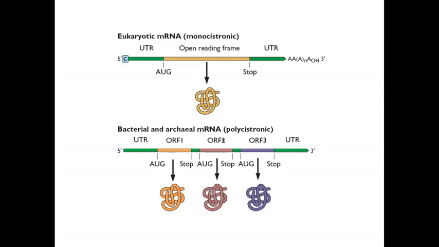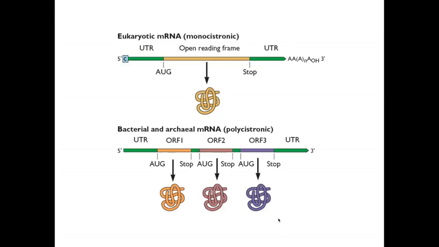And that's in contrast to bacterial and archaeal mRNAs, which are polycistronic. You can see here these mRNAs have multiple open reading frames in them, so that ribosomes can initiate translation at the first AUG, then they terminate, and then ribosomes can initiate at the second and terminate, the third and terminate, and so forth.